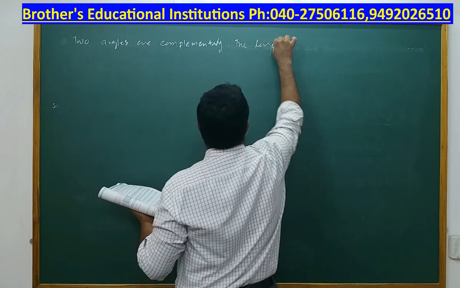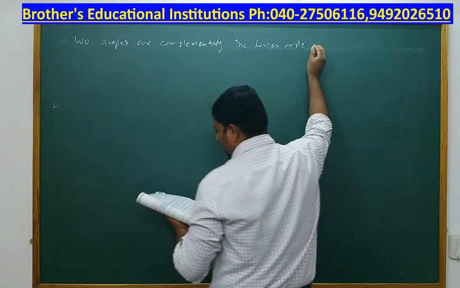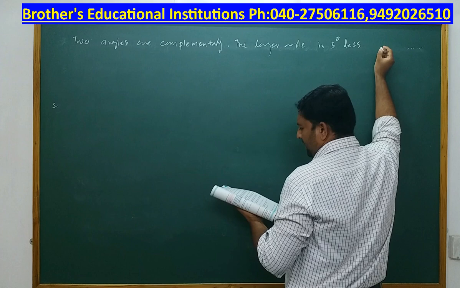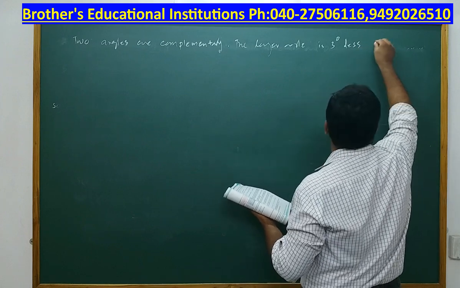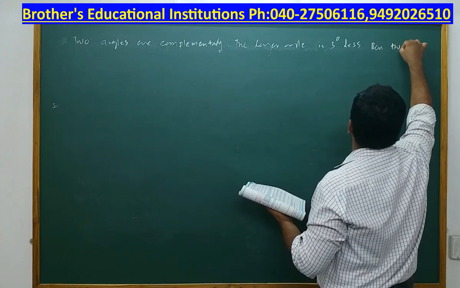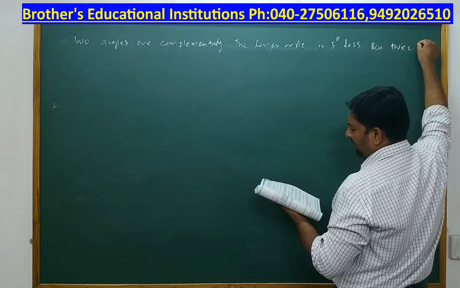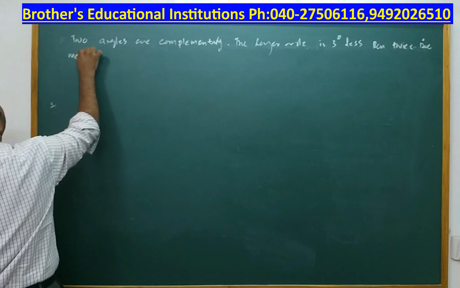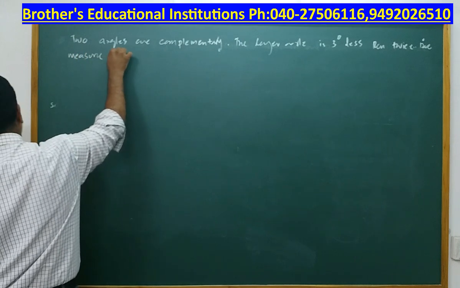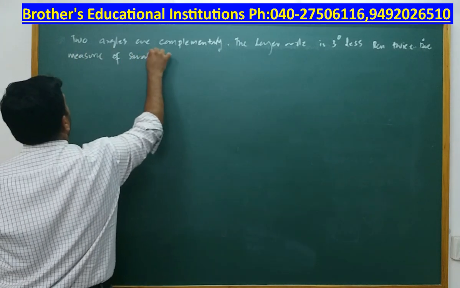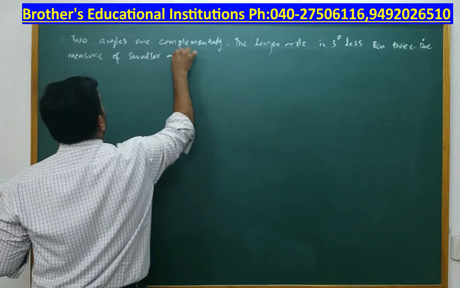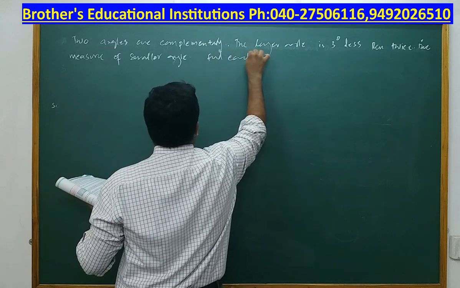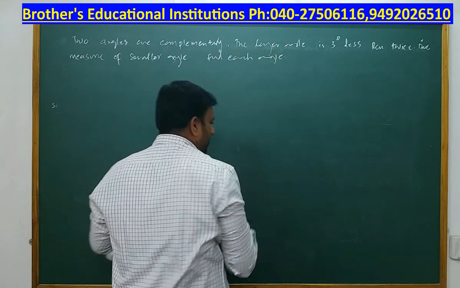The larger angle is 3 degrees less than twice the measure of the smaller angle. Find each angle, right? A very simple numerical.